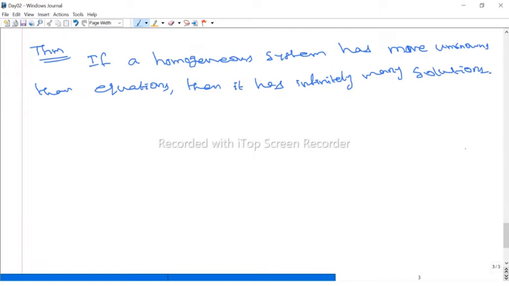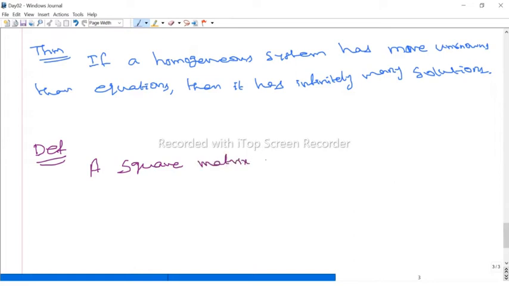Okay, now some special types of matrices are the symmetric matrix and the skew-symmetric matrix. You already know the definition. A square matrix A is said to be symmetric if A and its transpose are equal.